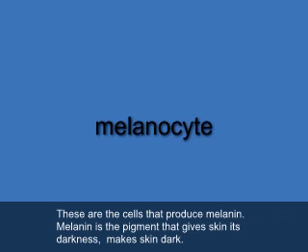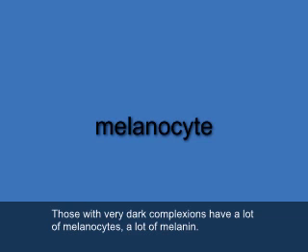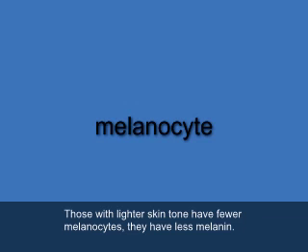Well, these are the cells that produce melanin. Melanin is the pigment that gives skin its darkness, makes skin dark. Those with very dark complexions have a lot of melanocytes, a lot of melanin. Those with lighter skin tone have fewer melanocytes, they have less melanin.